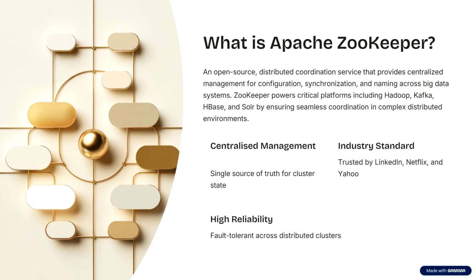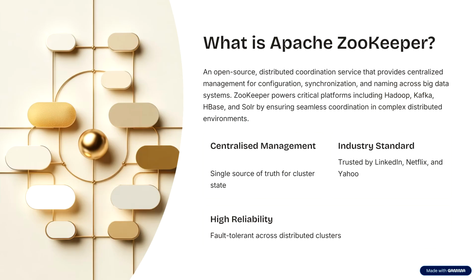So, first is what is ZooKeeper? What does ZooKeeper do? Apache ZooKeeper is an open source distributed coordination service. It provides a centralized management system that helps coordinate and synchronize different components in big data systems.